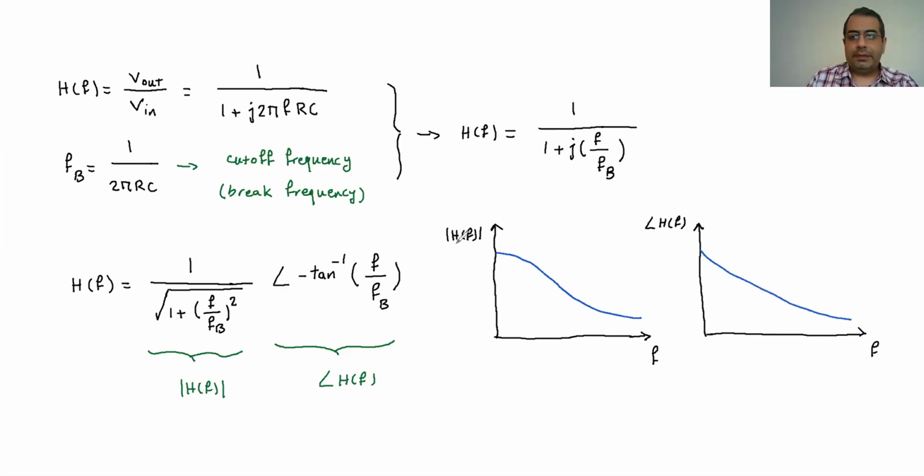This one is going to be 1 here, and then eventually this is 0. And here is the angle, here is the 0, and this here is negative 90. So it goes from 0 to negative 90, and it goes from 1 to 0.